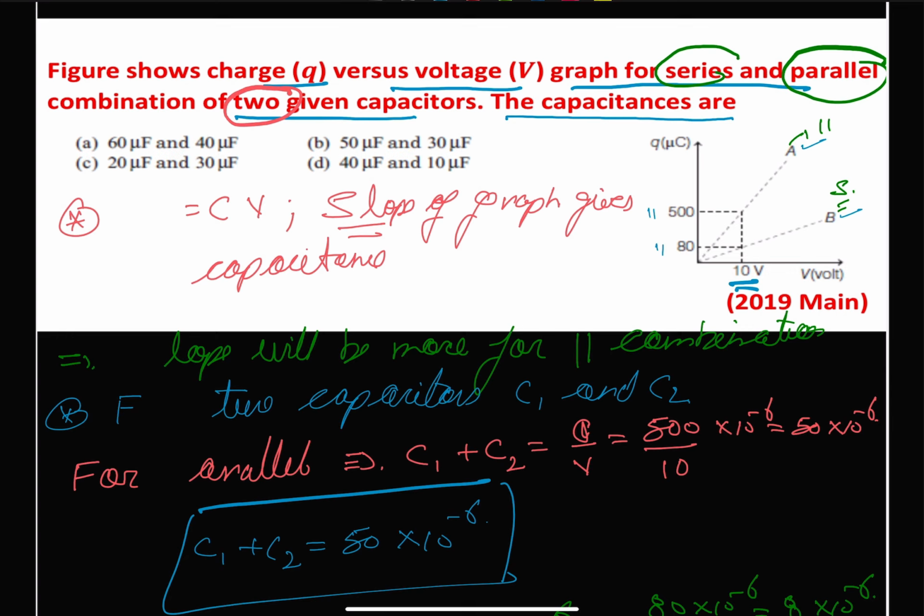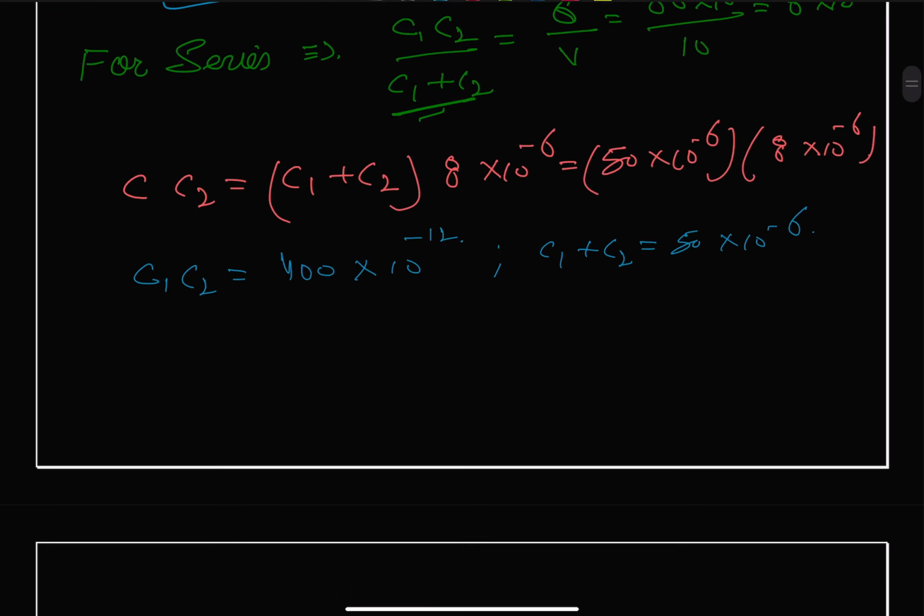That is only possible for one particular option, because for C1 plus C2 equal to 50, we are having only C and D as the summation. The product is only true for D. So option D is correct. This is a much better option, otherwise it will become quadratic and it will be lengthy to solve.